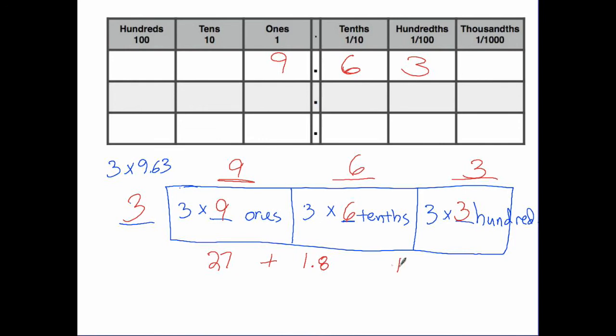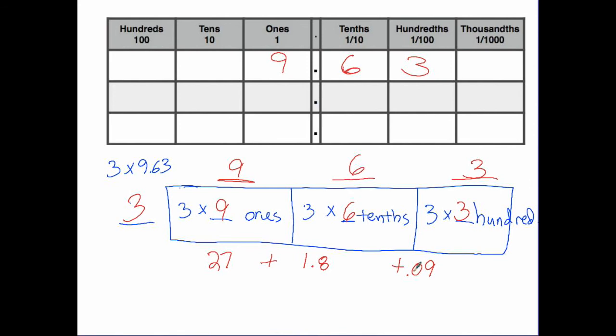Plus 3 times 3? 9 hundredths. How many numbers are behind the decimal in hundredths? 2. Right now I have 1, so how do I make that extra 1? Add a 0 behind. Yep. Then you add that.